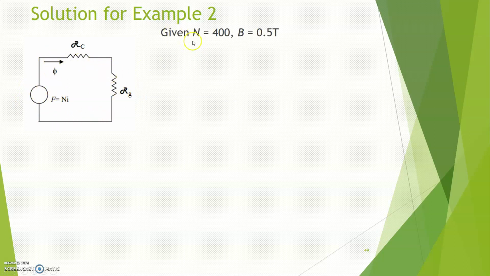Right, so given from the question, N is equal to 400, B is equal to 0.5 Tesla. Okay, so you know the ferromagnetic core length, which is LC, is equal to 40 cm, and the cross-sectional area AC is equal to 12 cm squared. Okay, so based on this, you can find the value of reluctance of the core.